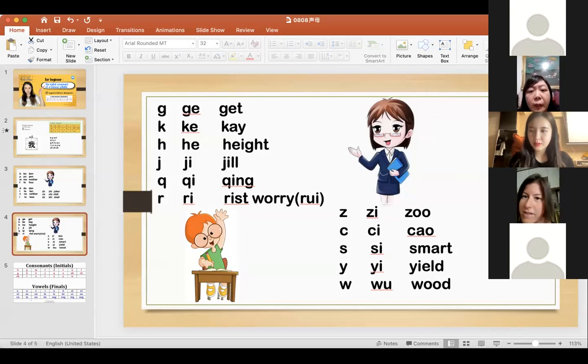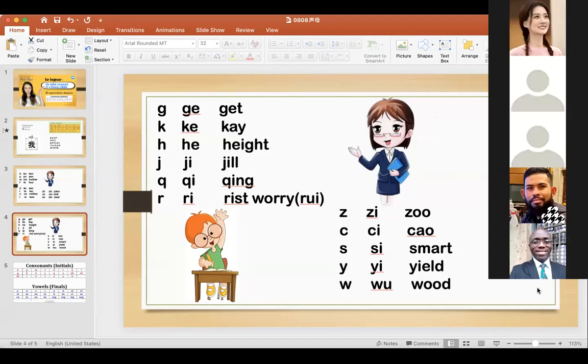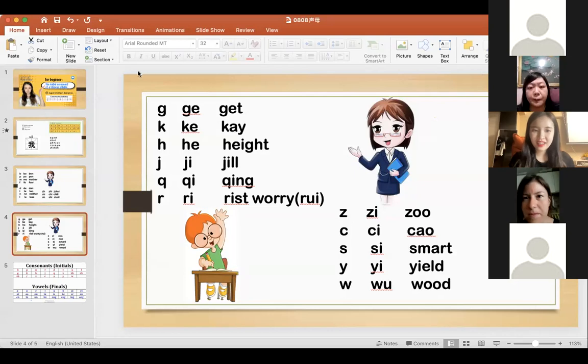Where is Gulam? I think he muted himself. And what about here? 歌科呵机器日.